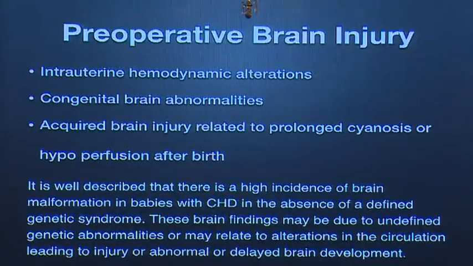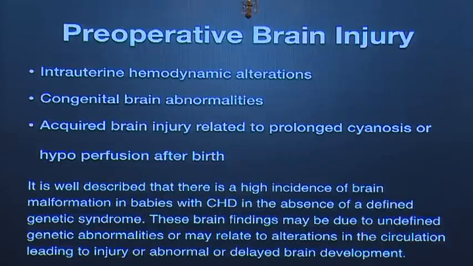Especially in the cyanotic heart problems, they have less oxygen in the blood. And when a developing brain is exposed to less oxygen supply, less perfusion, this can lead to permanent brain damage. There is abnormal brain development, congenital brain abnormalities as well, and acquired brain injury that I have already discussed.